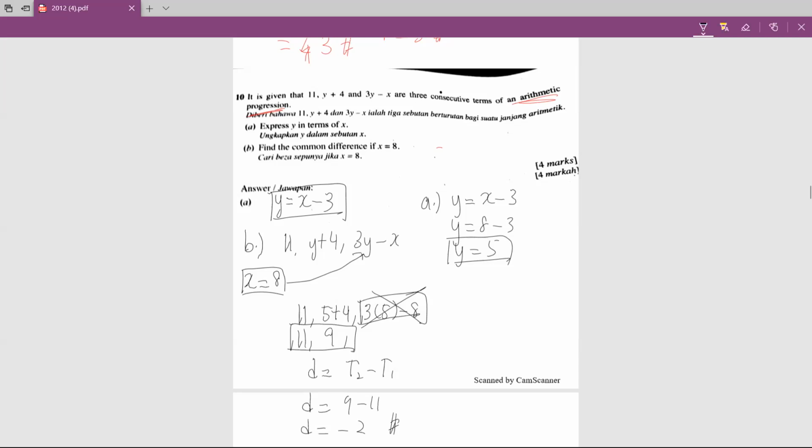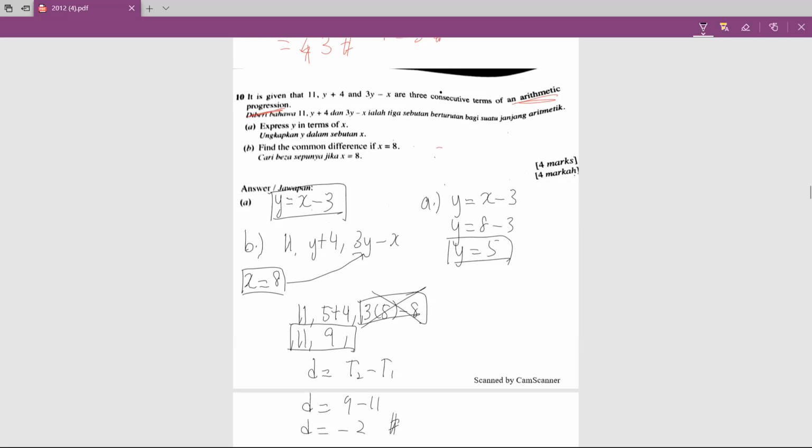Right? That's all. Okay. I nak tunjuk you something. Perasan tak, kalau lembaga berikan part A, that part A most of the time, 99% of the time will be useful untuk part B. Faham tak? Kita tengok tadi, kita guna y equals x minus 3 untuk cari nilai y. Betul tak? Kalau tak, kita akan confuse. How to find y? Of course, good students, they akan identify right away.